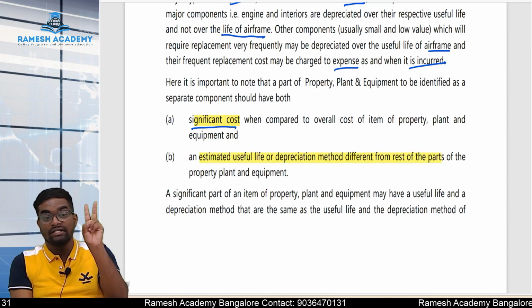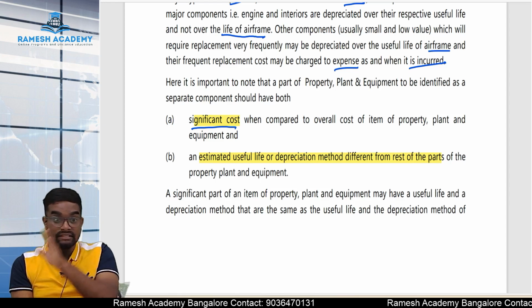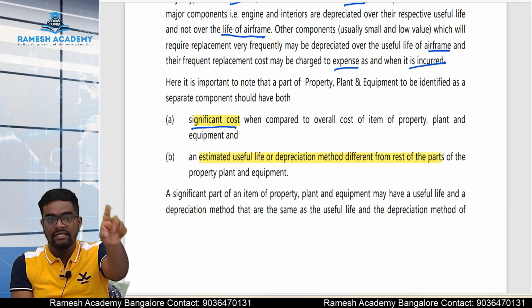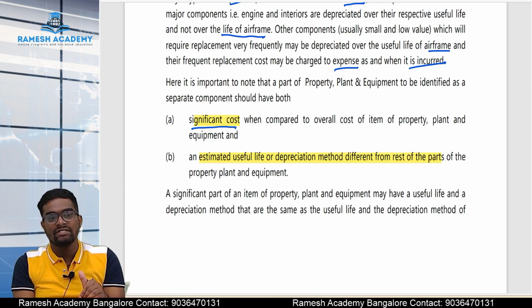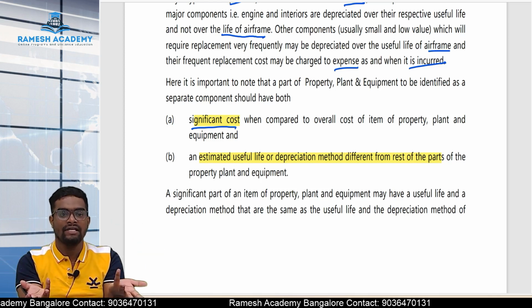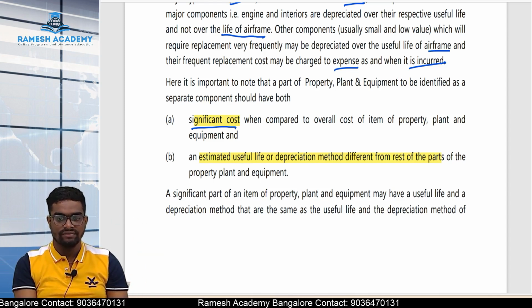So two conditions have to be satisfied for separate depreciation of a component. One is that it should have a significant cost, and second is that it should have a different useful life. If it has the same useful life, what is the use of differentiating it?